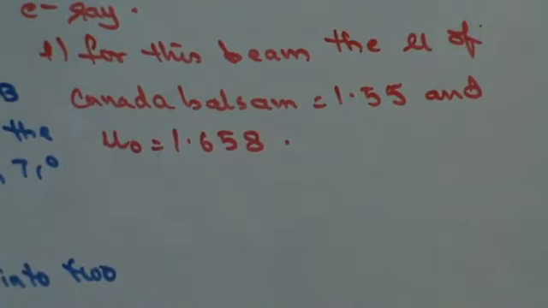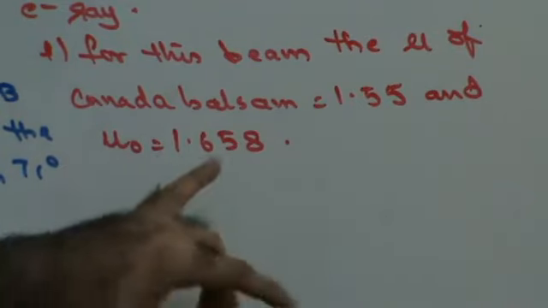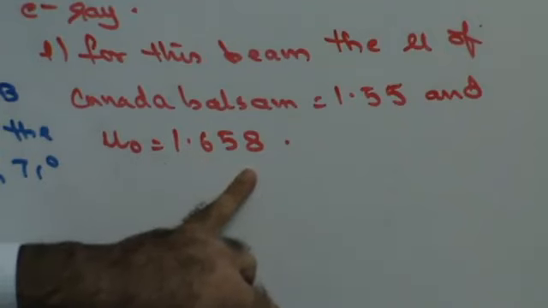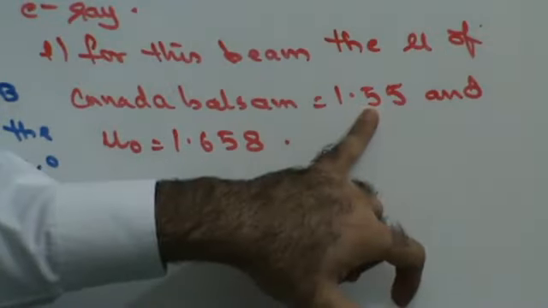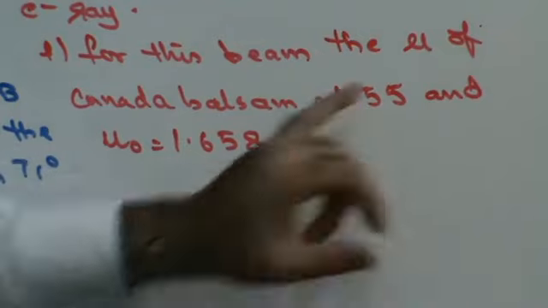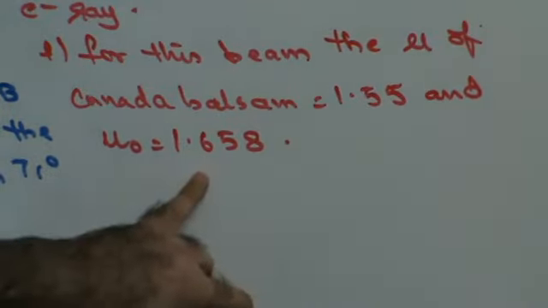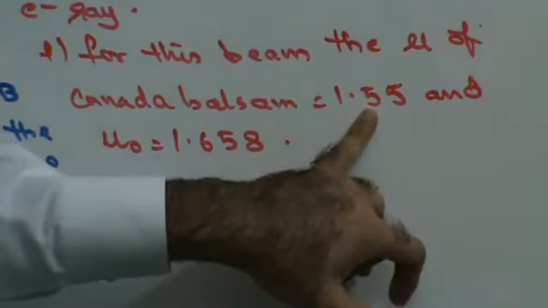That means the ordinary ray is going to pass from refractive index 1.658 to 1.55.